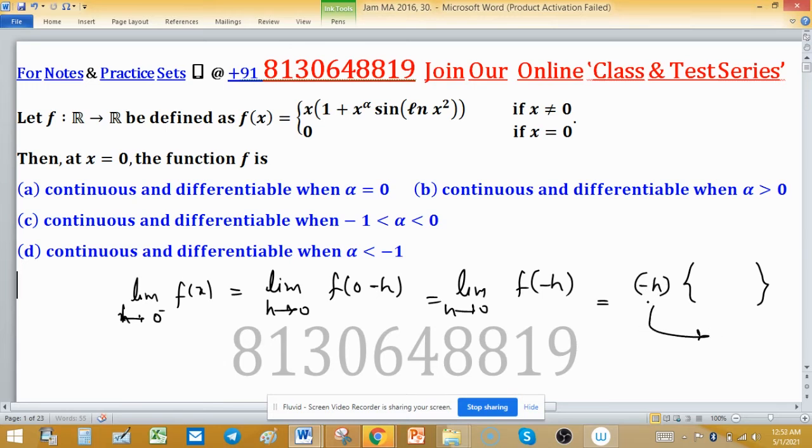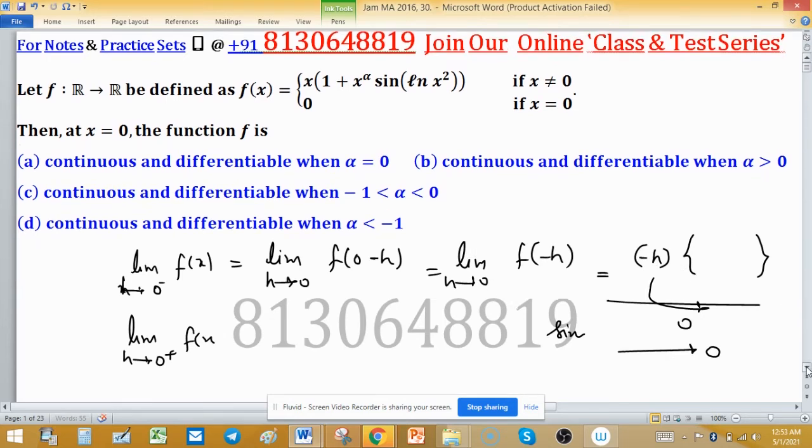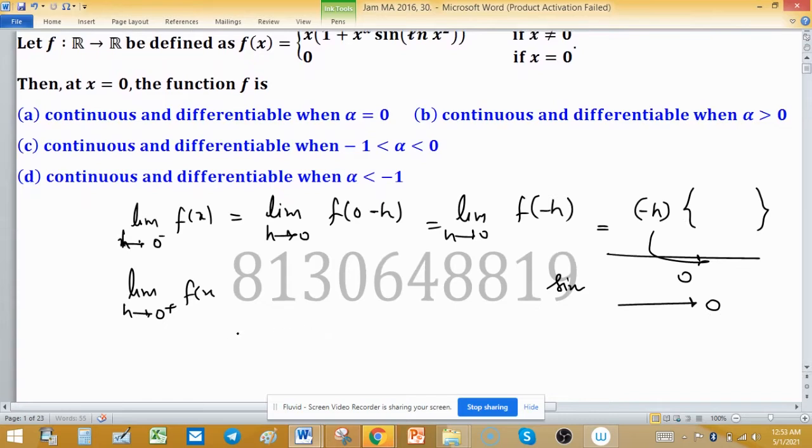When we take the limit h tends to 0, the entire expression goes to 0. Similarly, for the right hand limit, limit h tends to 0 positive f of x, again this goes to 0 because of h. So the function is continuous whatever the value of alpha. The function f is continuous for all alpha.